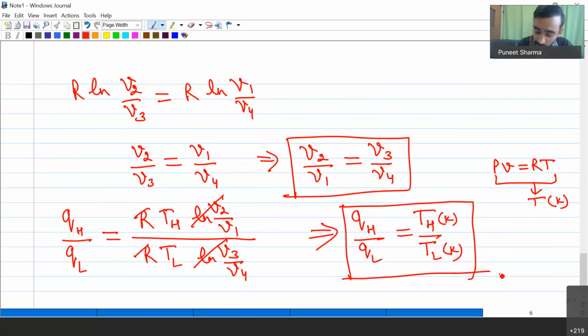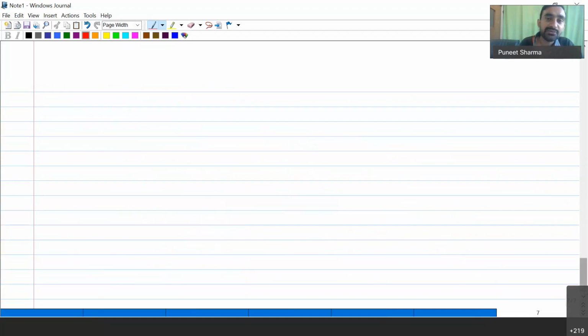Now, using this formulation of the absolute thermodynamic temperature scale, we can define the maximum efficiency of the heat engine.